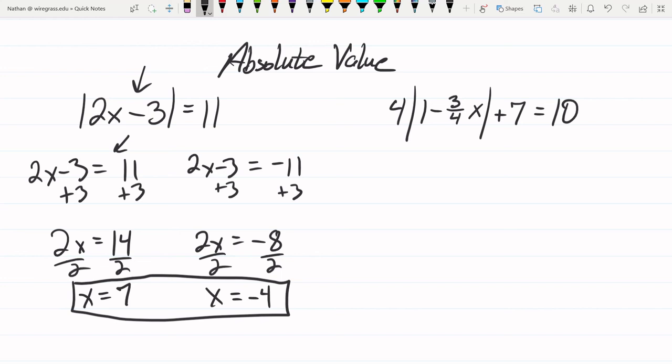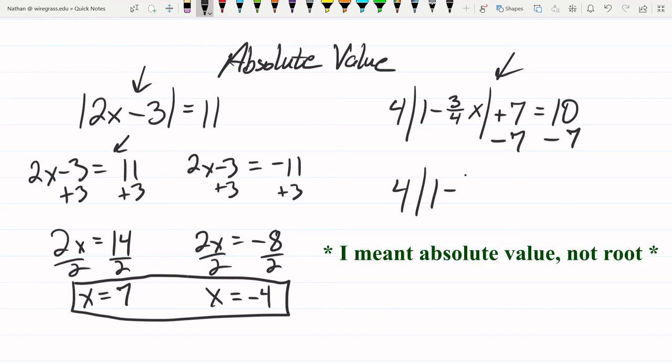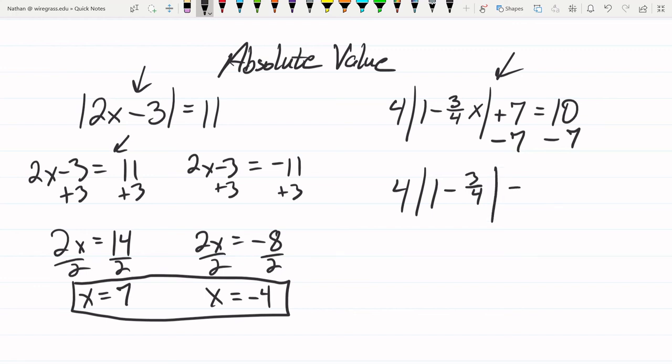Now, if we do not have the absolute value by itself, like we have in this right equation, we need to get it by itself. Just like we got the radical by itself and the rational exponent by itself, the same idea. I'm going to subtract 7 first. That gives us 4 times the absolute value equals 3, and then divide by 4.